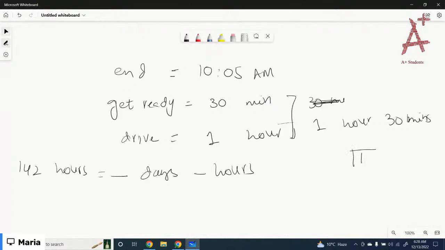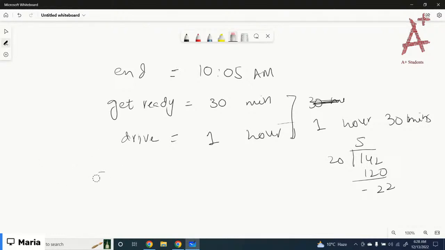So divide 142 by 24. 24 times 5 is 120. 142 minus 120 leaves 22. So you have 5 days and 22 hours. Got it? That is the correct option. The correct option is 5 days 22 hours. You have that option. I selected the option. I remember.